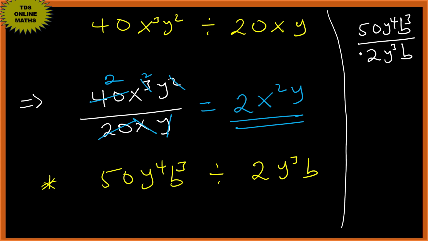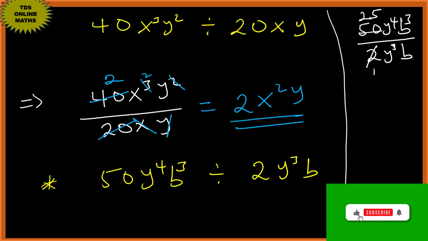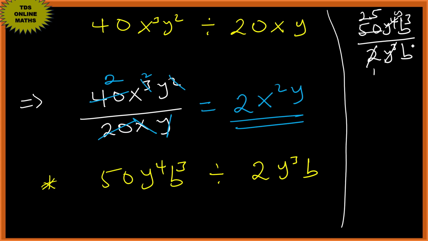Let's divide. 2 here 1, 2 here 25. So we have y to the power 3, y to the power 4, I've left it 1. So this side will be 2, so we have 25 y b squared.